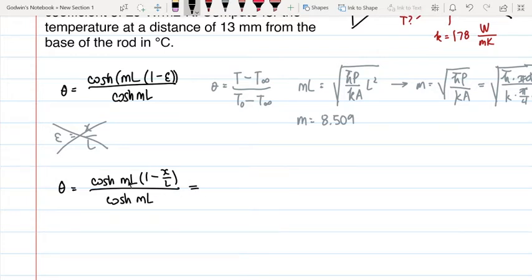Okay, and then we distribute the L, and then we're gonna get cosine of m, and then L times 1 is L, L times x over L is just x. And so we get this simpler equation.